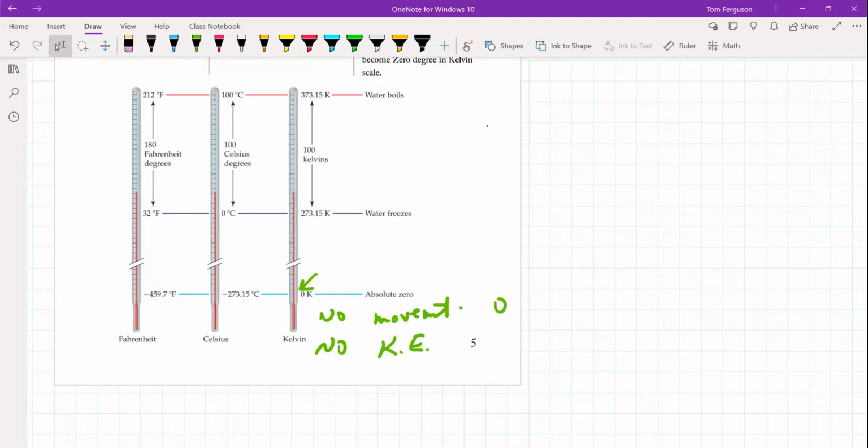Is that it? Yes. Usually we don't talk about getting colder than absolute 0, because the concept of negative Kelvin degrees doesn't exist. So if we were talking about temperature, then we would probably use a different scale.